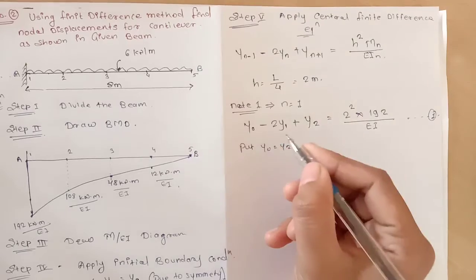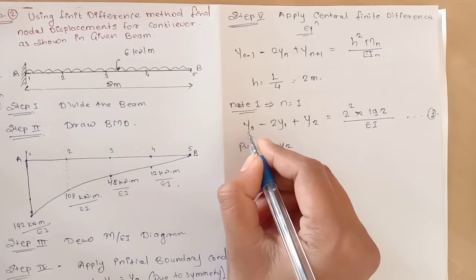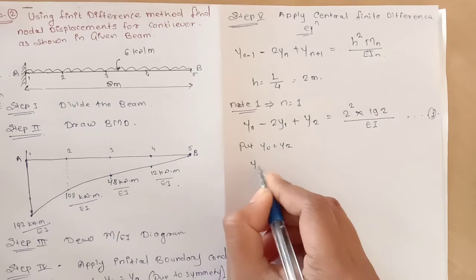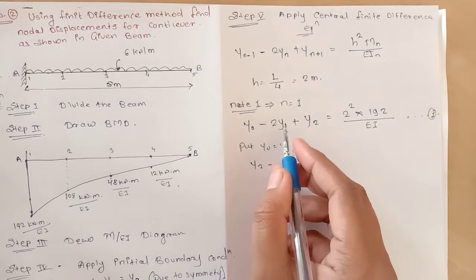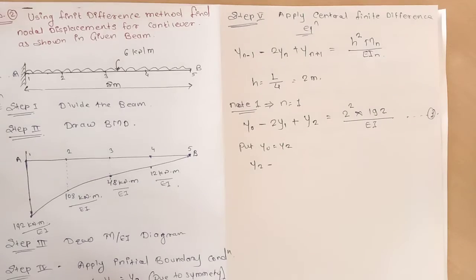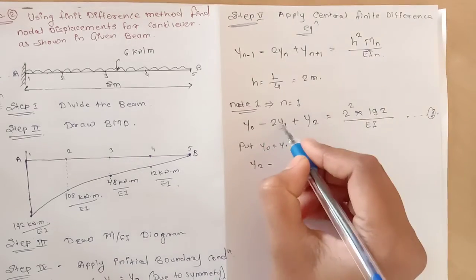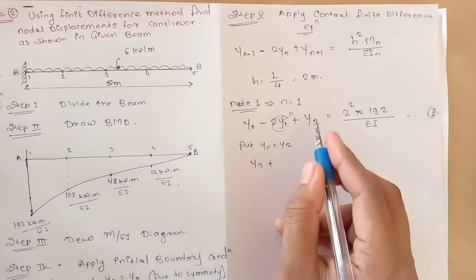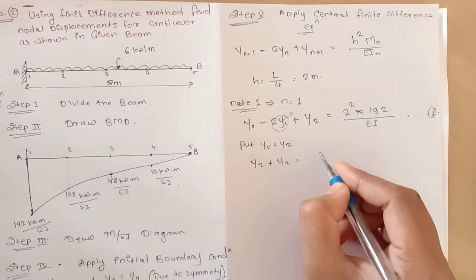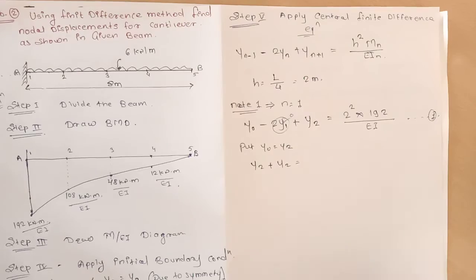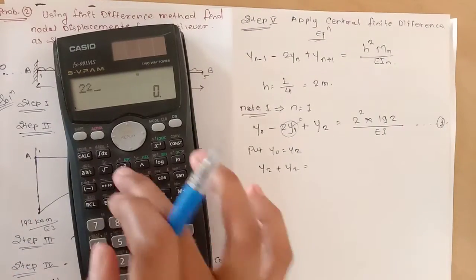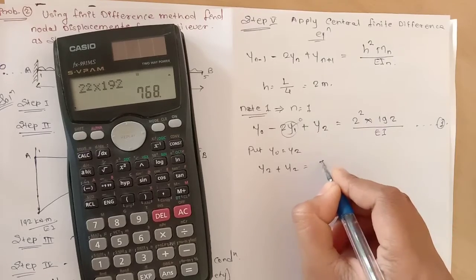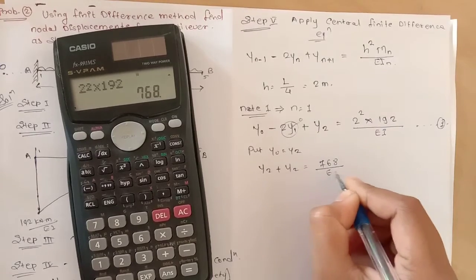So the y1 term is equal to 0. The remaining is y2 plus y2, that is 2y2, is equal to h square, that means 2 square into 192, which is 768 divided by EI.